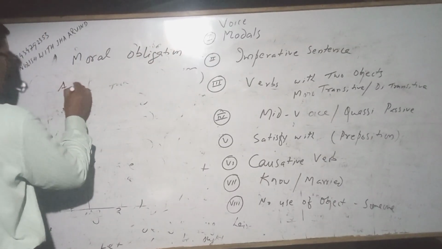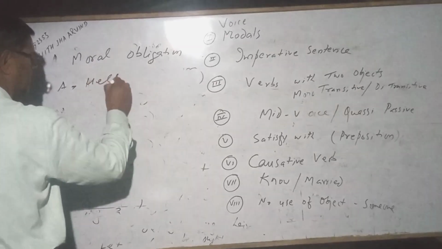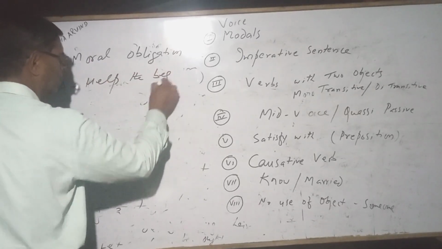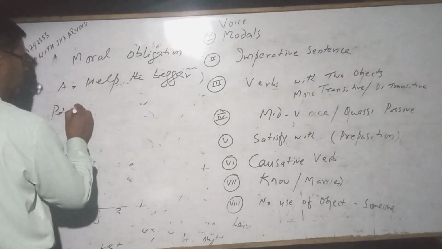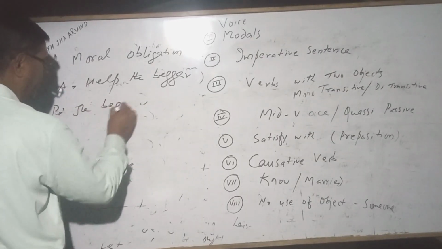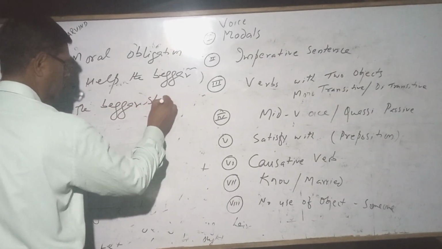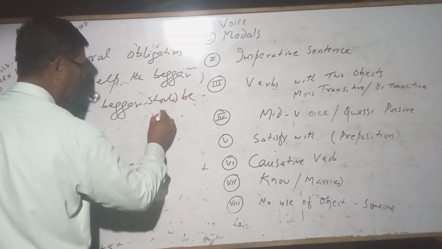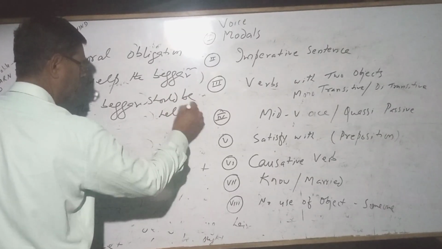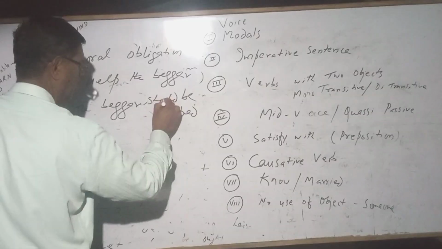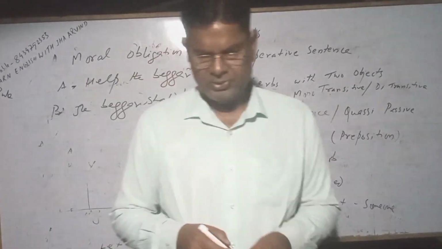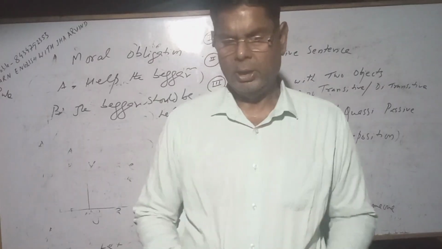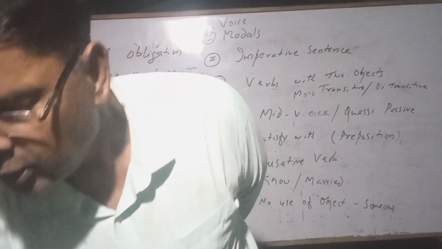For example, help the beggar. Okay, passive: the beggar should be helped. Okay, this is your moral obligation. In this way, you can change imperative sentence into passive voice.